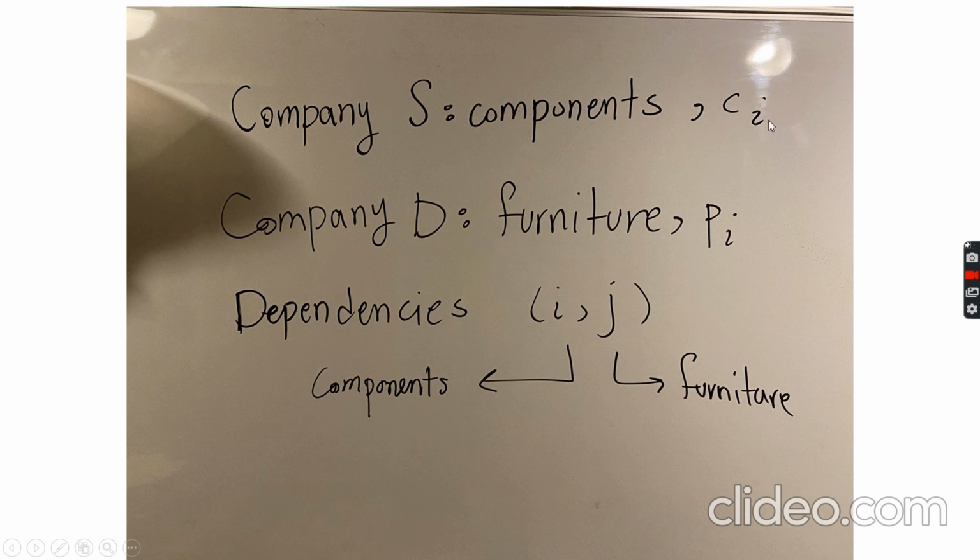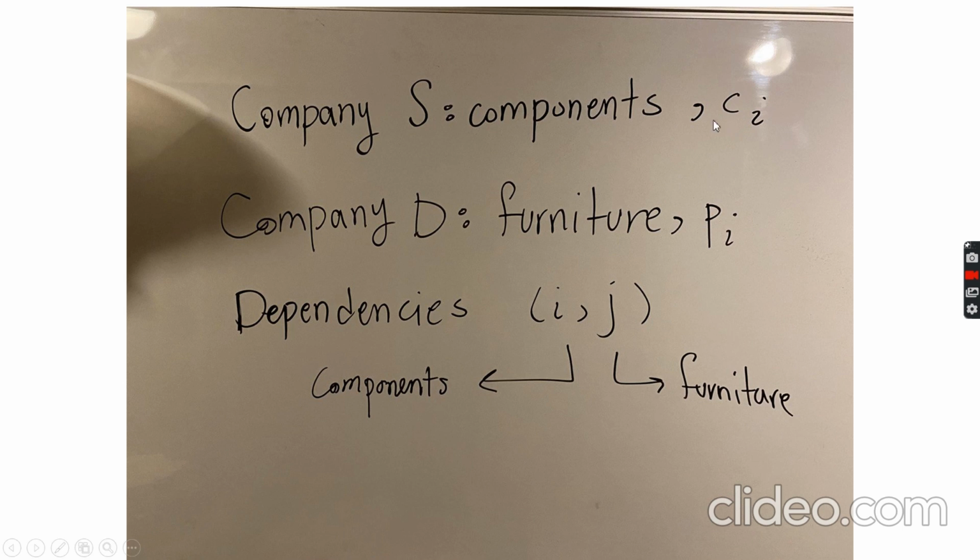So basically, assume you are company S's boss and you want to specify appropriate prices such that your profit would be maximized. Company D is going to select a set which would maximize its own profit. But if you set these prices too high, the summation of these prices is going to be high for you, but then company D is not going to buy many components from you because it's not going to make any profit.